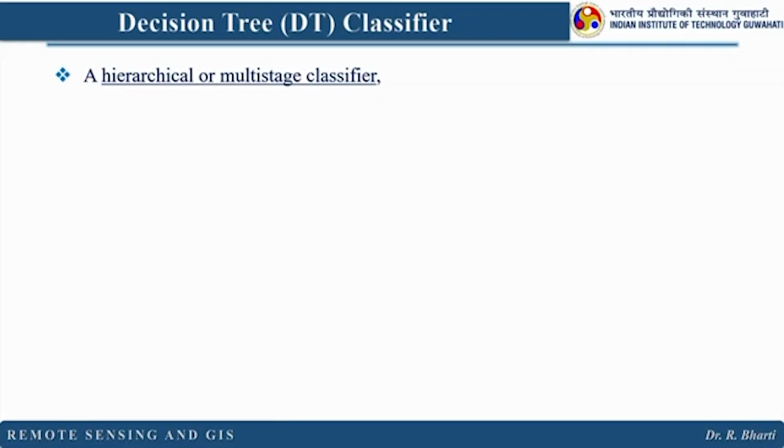Here this is a hierarchical or multi-stage classifier. So, multi-stage means here you can have multi-stages or multi-labels where you can change your decision and the input data, because in the previous methods, we have seen we have classified the image using only one method where the data is fixed, method is fixed, right.